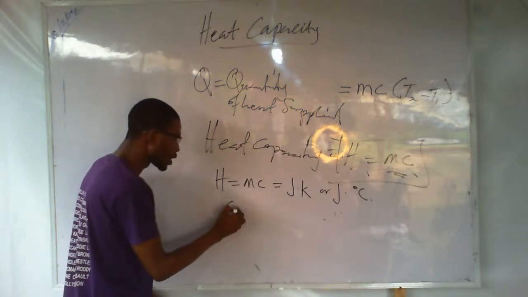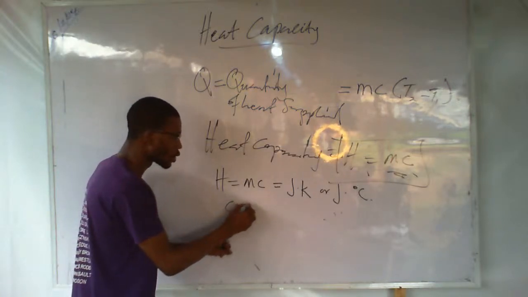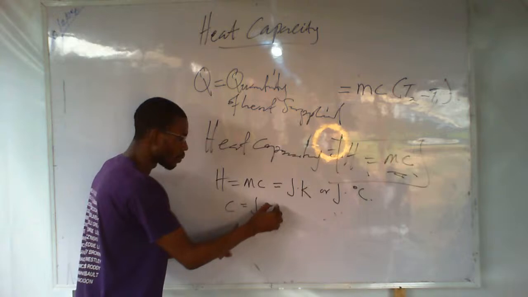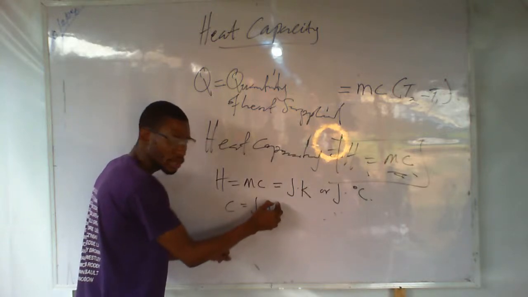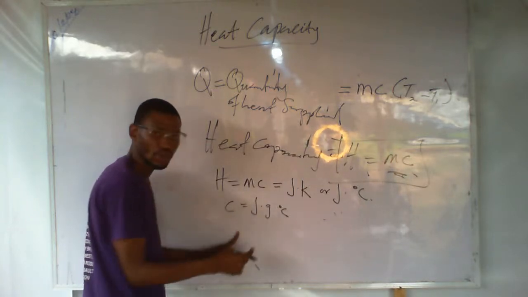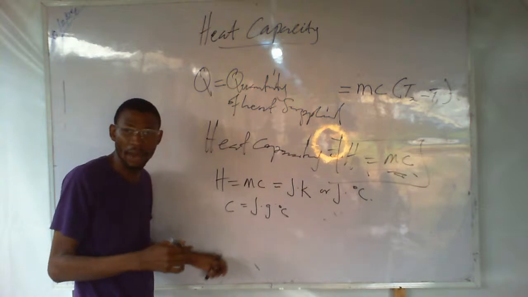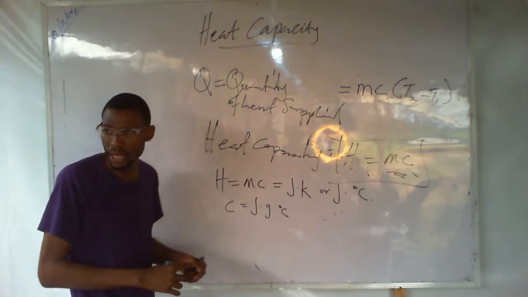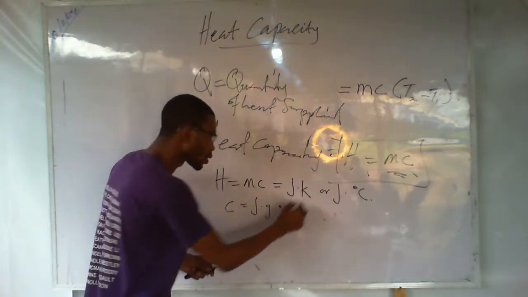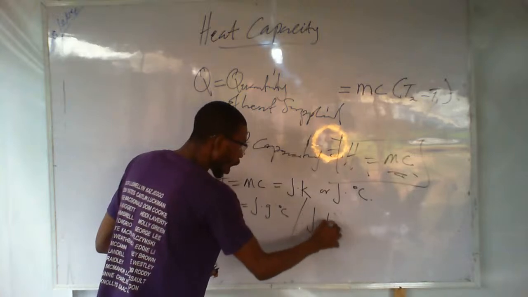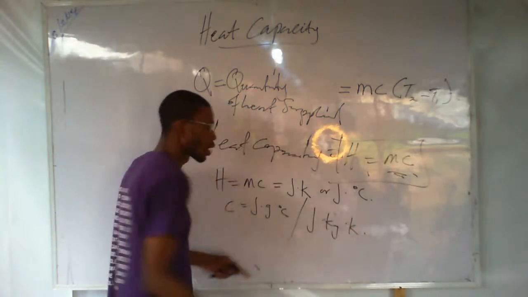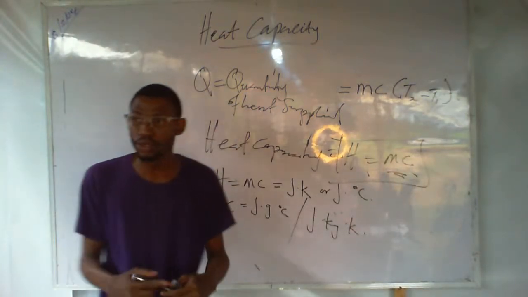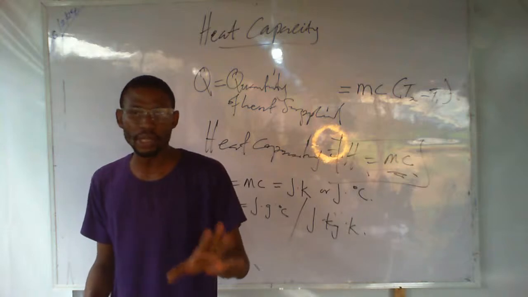Now, our specific heat capacity is in joule per gram per degree Celsius, or joule per kilogram per Kelvin. So this is the standard unit you must use to measure these things.